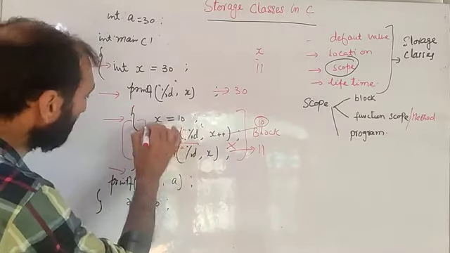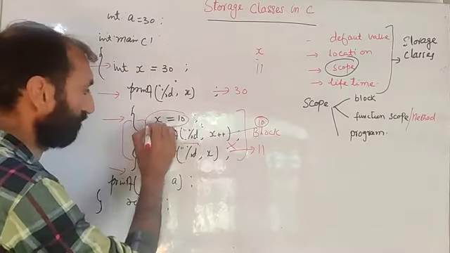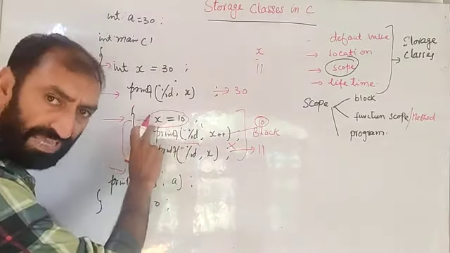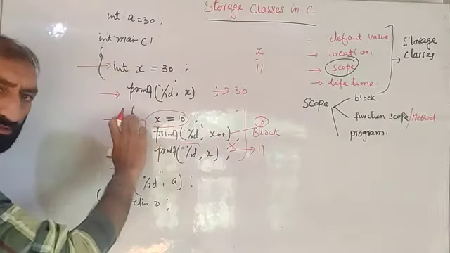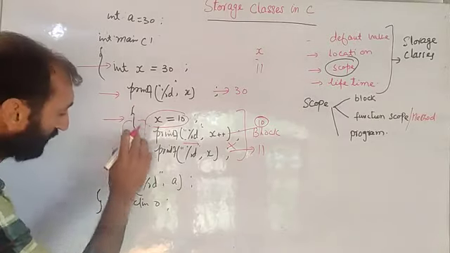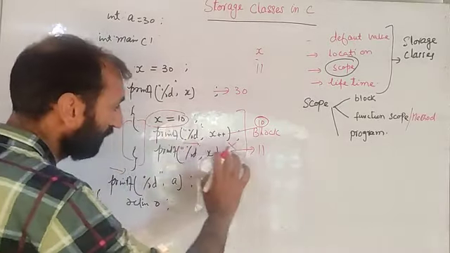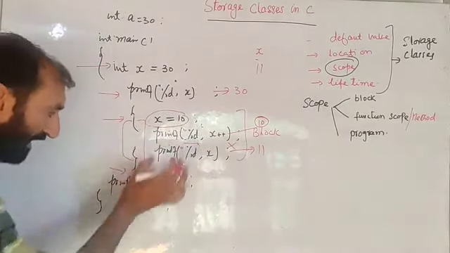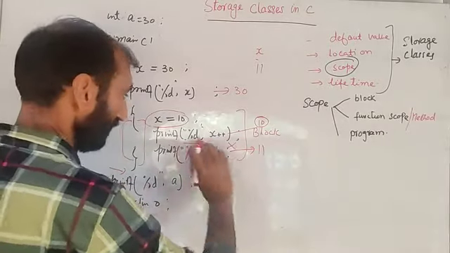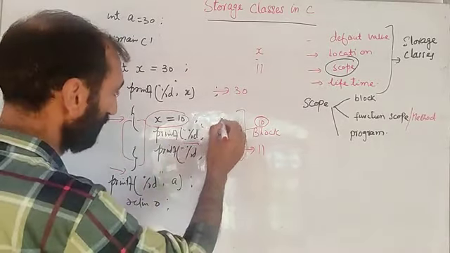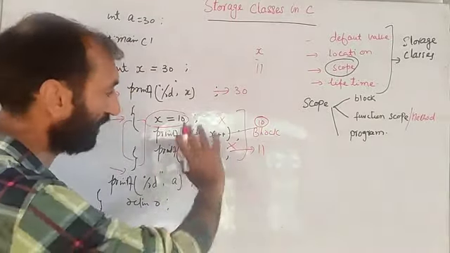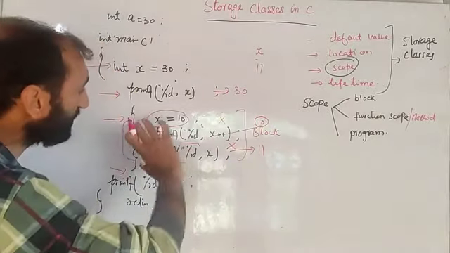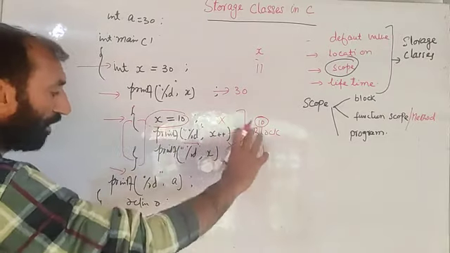That means we can say the scope of this variable x is only from this opening brace to this closing brace, that is only within this block. After exiting this block, its scope is nowhere. That means this memory gets released. So we can say this is a block scope.